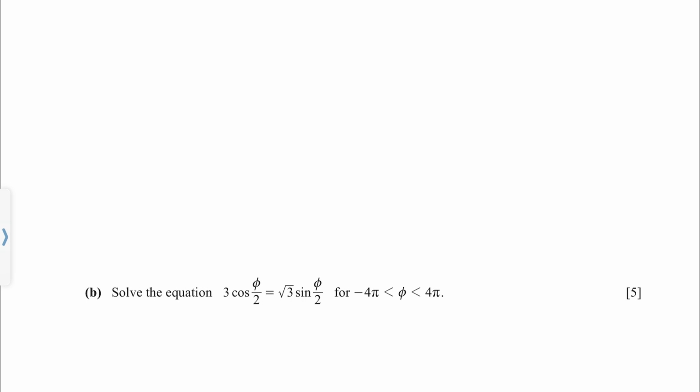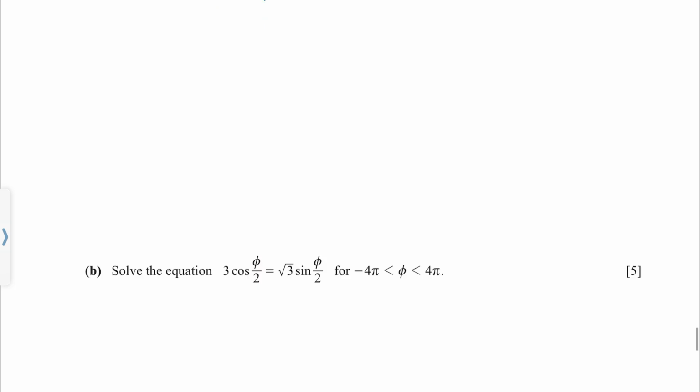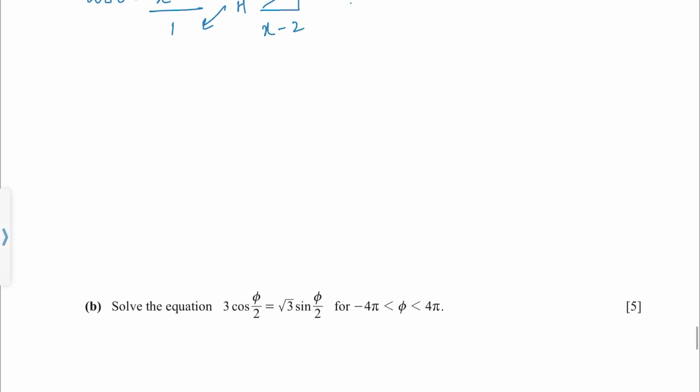Let's make a triangle. This is our base and 1 is our hypotenuse. So this would be x minus 2 and this is 1. So what will be the length of the perpendicular? This would be root of 1 minus (x minus 2) whole square.